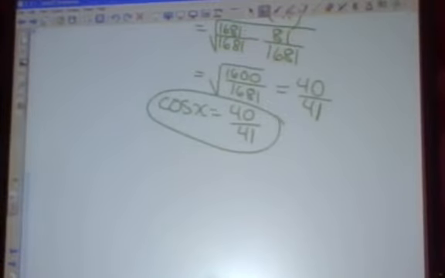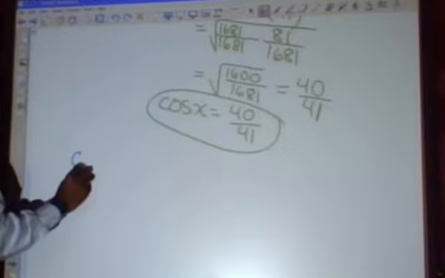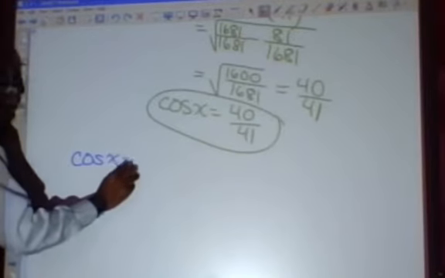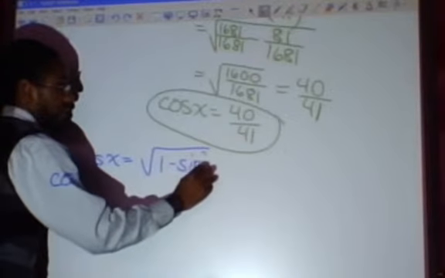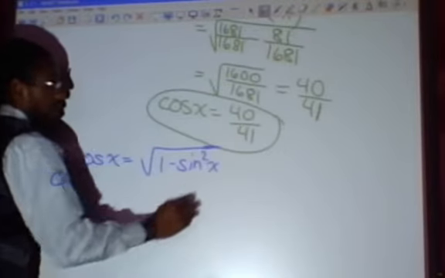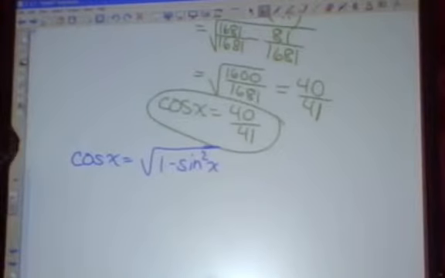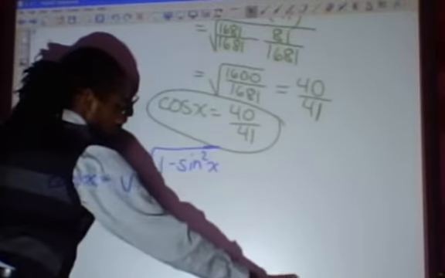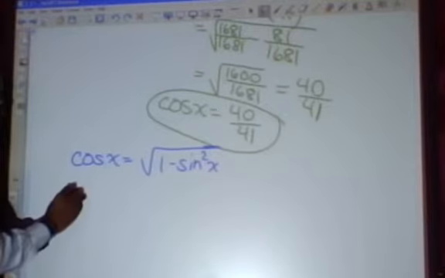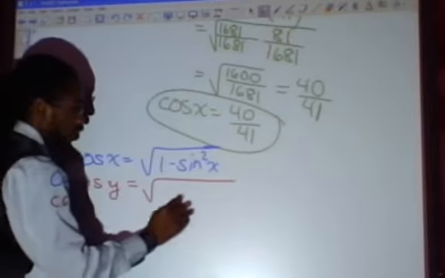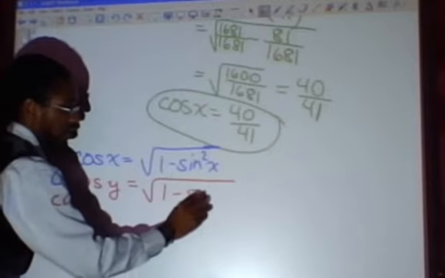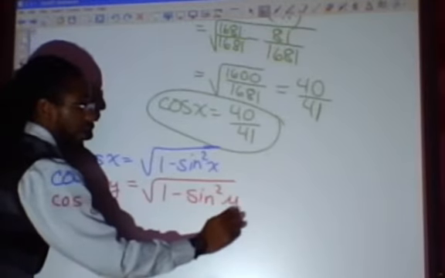Because we've already done the work of cosine x equaling the square root of 1 minus sine squared x, we can just go from there and find our cosine y value. Cosine y is going to equal the square root of 1 minus sine squared y.